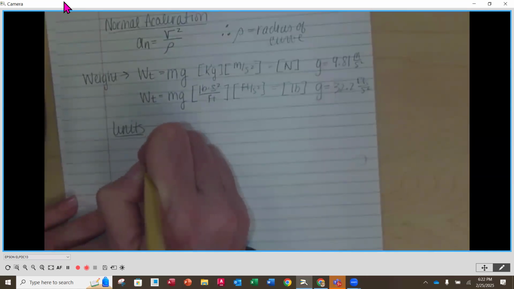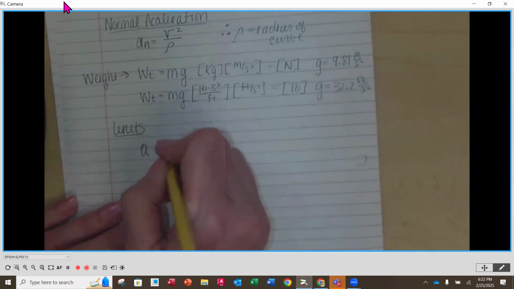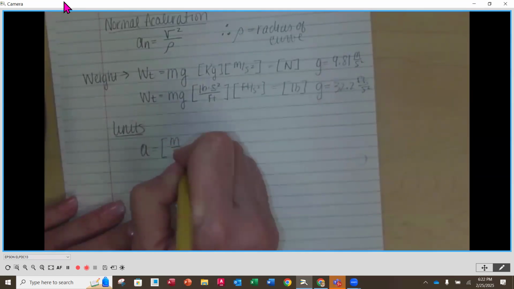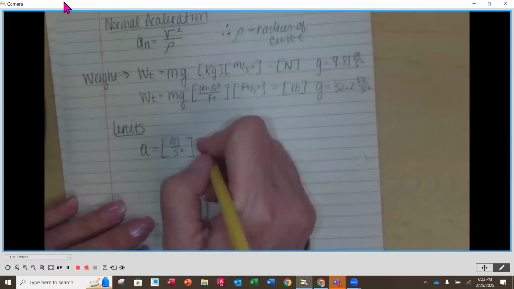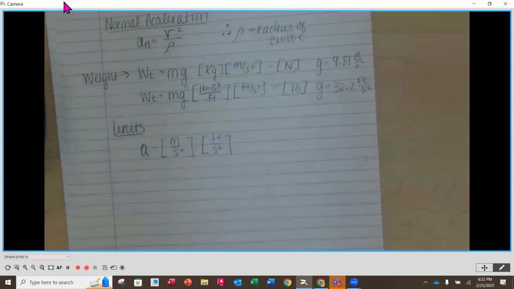So acceleration, a. Units for acceleration are going to be meters per second squared in the metric system and feet per second squared in the English system. Those are the units we're going to use. So if you're given acceleration in some other form, millimeters per second squared, you've got to make sure it's in meters per second squared.